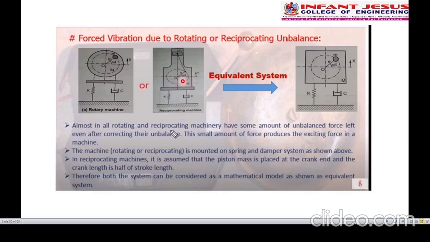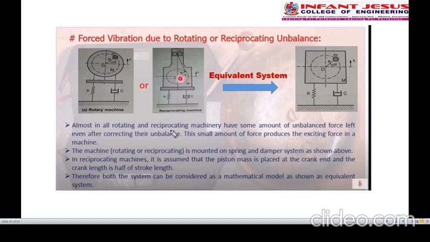The length of the eccentricity is taken as half of the crank length. If the crank length is L, then we take the eccentricity as L by 2.